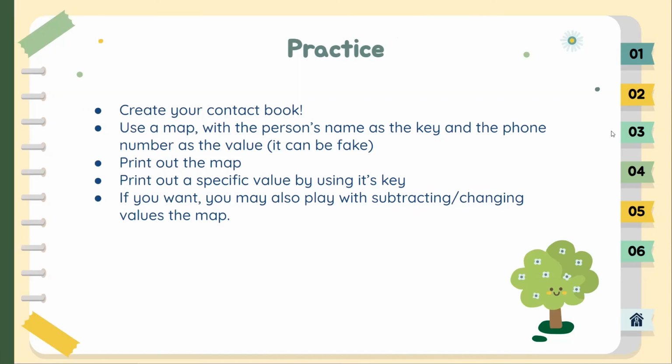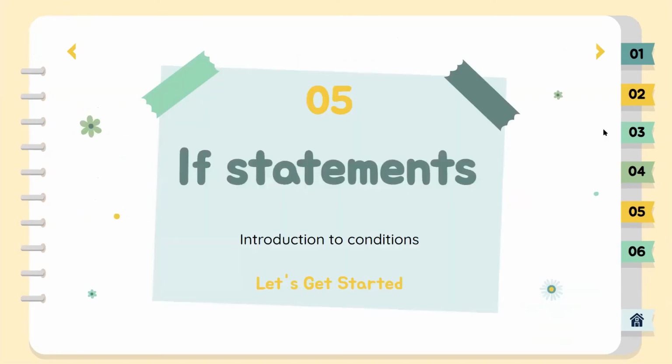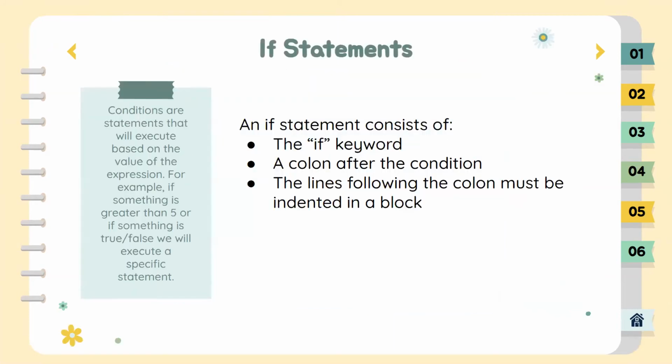So moving on now, if statements, which is an introduction to conditions. So an if statement consists of the if keyword, a colon after the condition, and then the lines following the colon must be indented in a block. Conditions are statements that will execute based on the value of the expression.